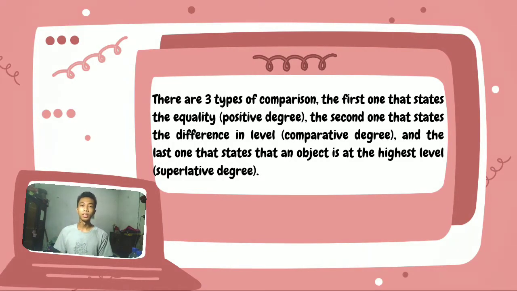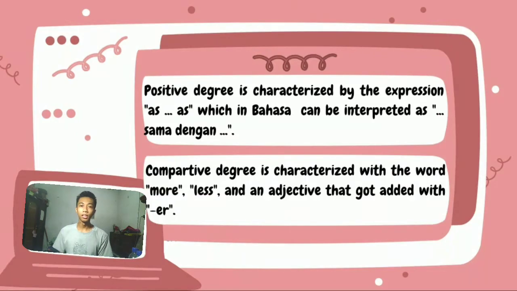Point number 2. Positive degree comparison is characterized by the expression as blank as, which in Bahasa Indonesia can be interpreted as blank sama dengan blank. The third point: comparative degree is characterized with the words more, less, and an adjective with er added at the back of the word.